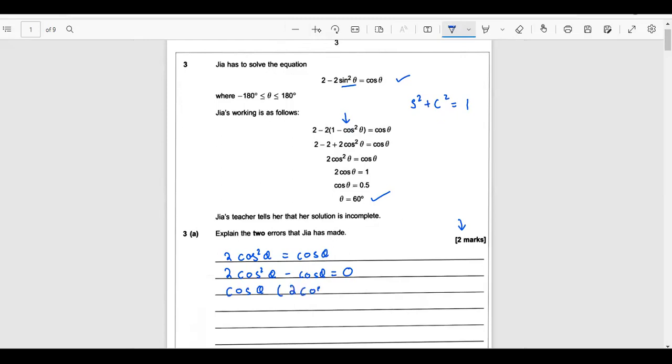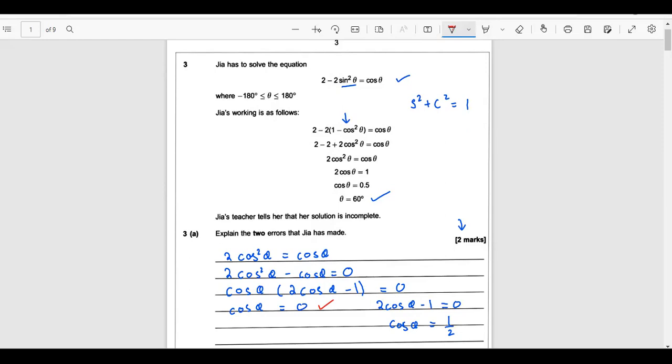So cos theta times 2 cos theta minus 1 equals 0. Now she is getting cos theta equals 0, and she is getting 2 cos theta minus 1 equals 0. And now when we simplify this, this would become cos theta equals 1 by 2. So since she cancelled out cos theta with cos theta, she did not get this. So this was her first mistake.